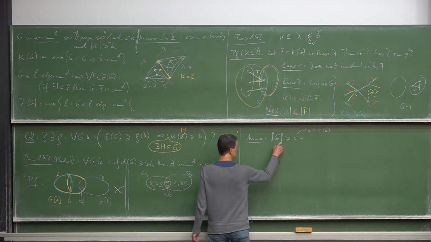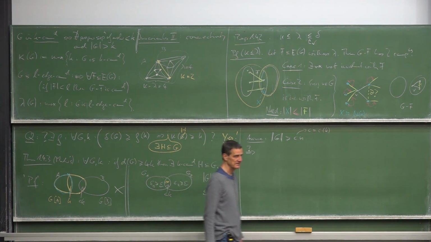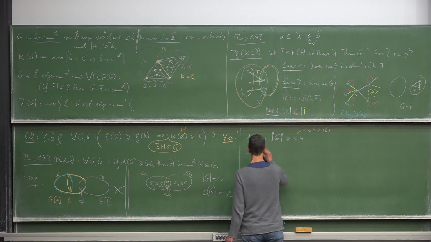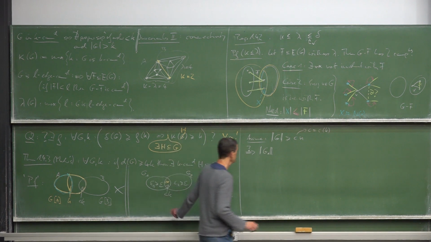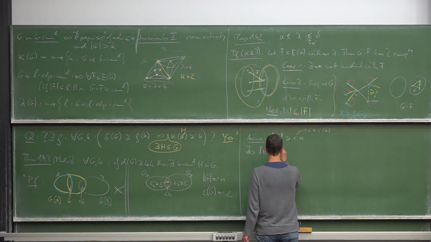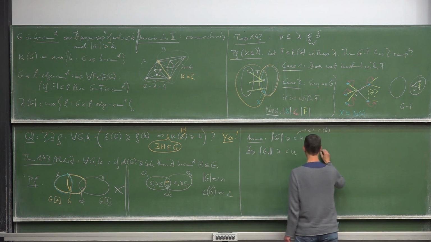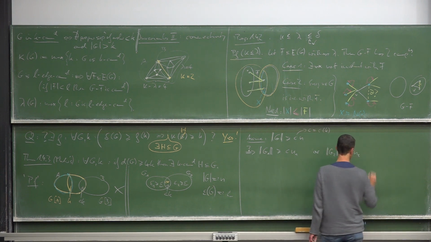So if G has at least that many edges, does it imply that for any separation of order less than k, G1 has at least Cn1 edges, or G2 has at least Cn2 edges?